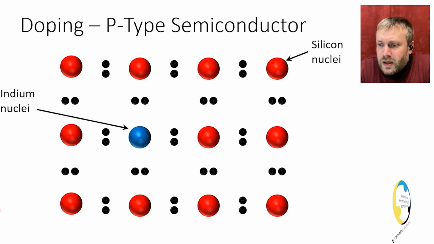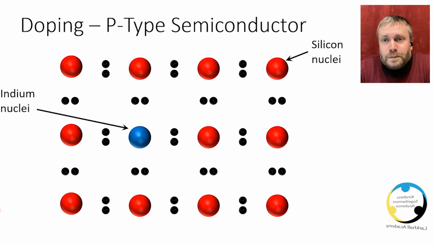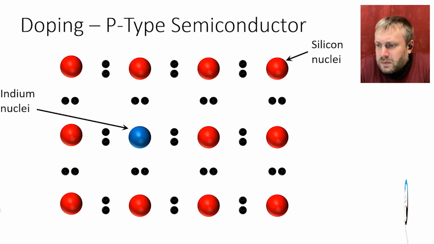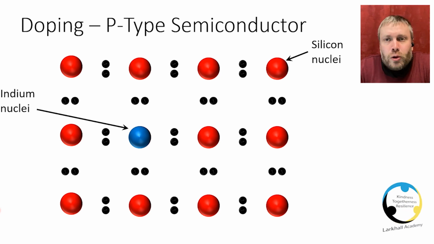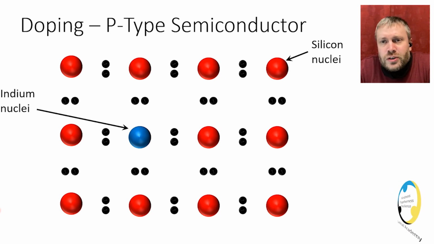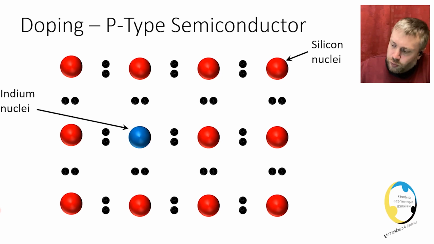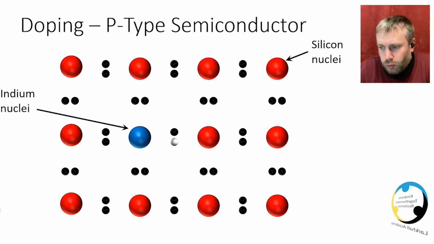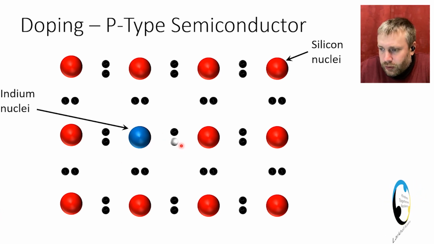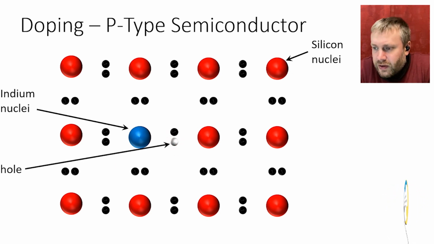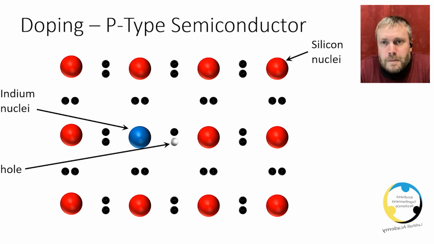Different atom, we add indium in here. Now, that seems okay. What's the big deal with that? Well, the problem with indium is that that outer shell, that valence band, is no longer full. So we end up with a little hole in our outer shell. You can see here we've now lost that electron, so we have a hole left in its place.